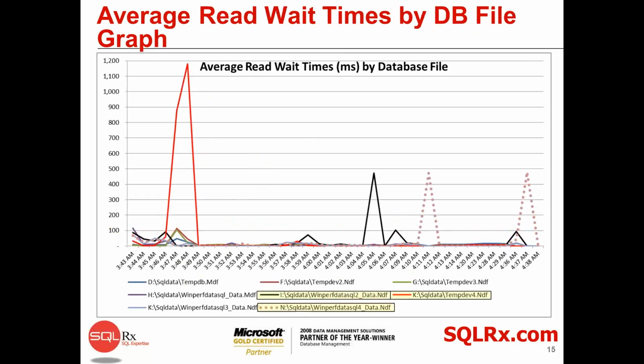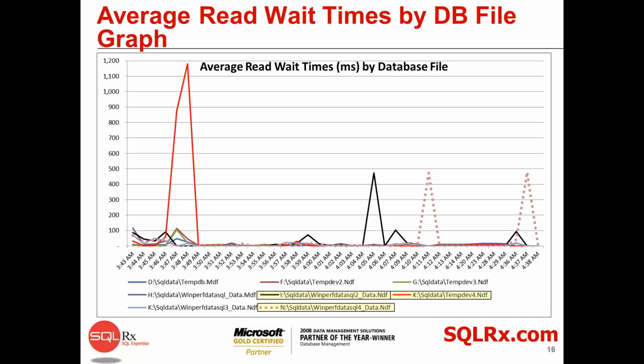So this one gives you read wait times. I told you earlier that you can have read, write, or overall. So here I wanted to see what the values of reads were like. Were the high times always read, or could the writes have had some bearing on it? And as you can see, it's tempdb4 again.